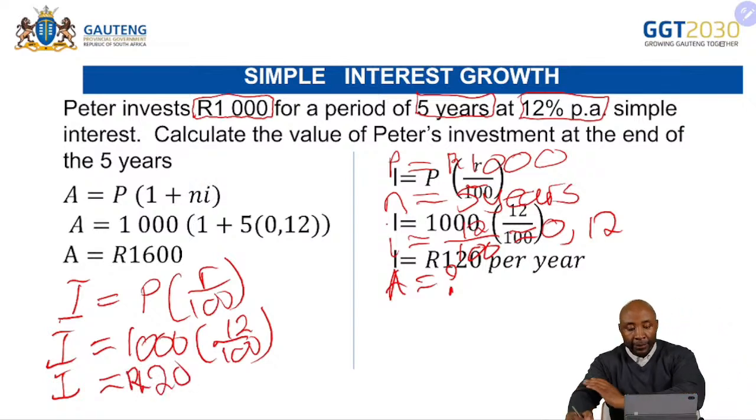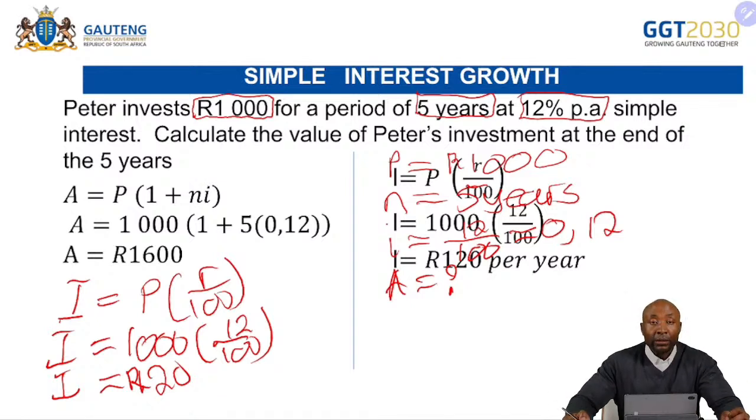And we are saying for our simple interest, this interest will remain the same every year. First year, they will receive 120 rands as the interest. Second year, they will also receive another 120 rand interest.